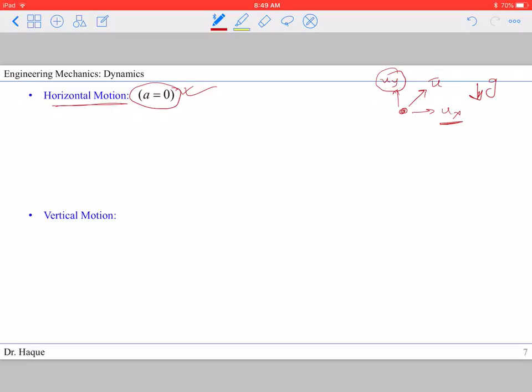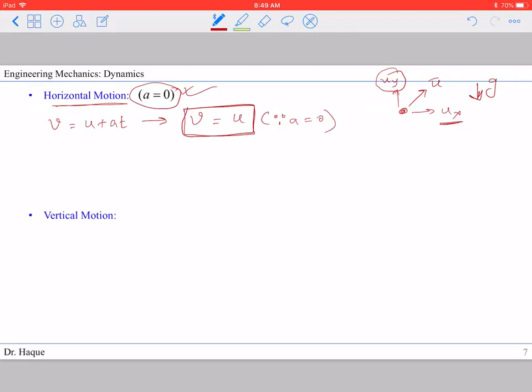The formula we derived in lecture 1 is that velocity v equals initial velocity plus acceleration multiplied by time. For horizontal motion, this simplifies to final velocity equals initial velocity, because acceleration is 0. This is in the x direction only, not in the y direction.